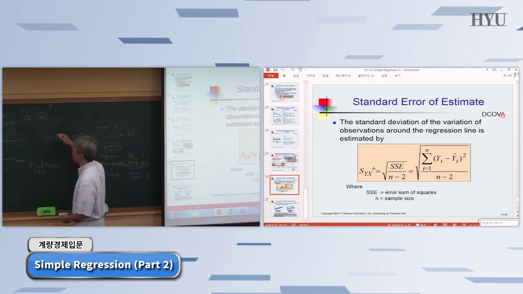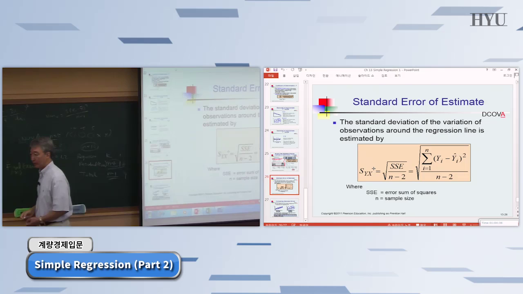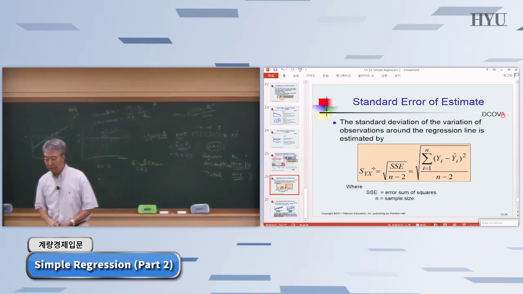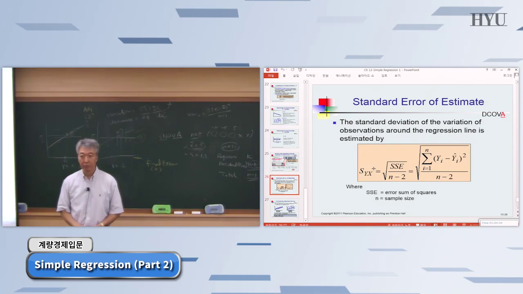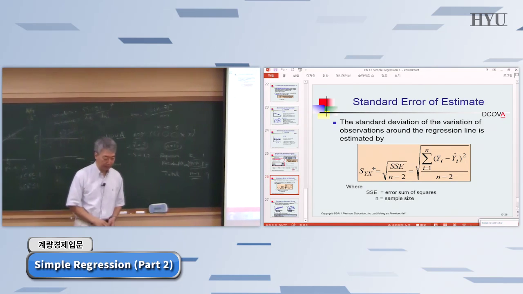The typical variance you've learned so far, the variance of x, was the summation of xi minus x bar squared divided by n, or n minus 1 if you use the sample mean. So keep that in mind. When I say variation, I mean sum of squares, and if you divide the sum of squares by degrees of freedom, it becomes variance.